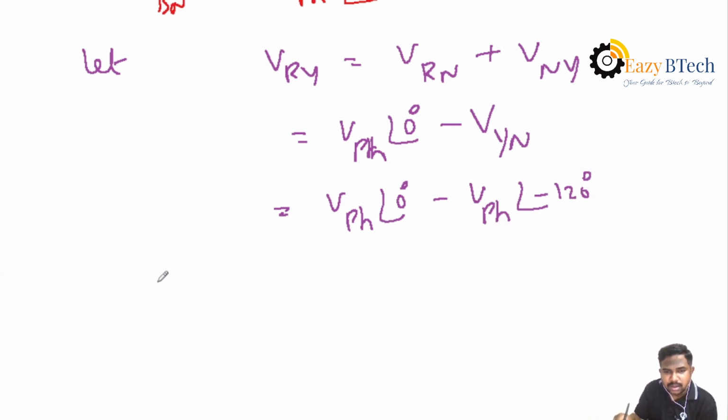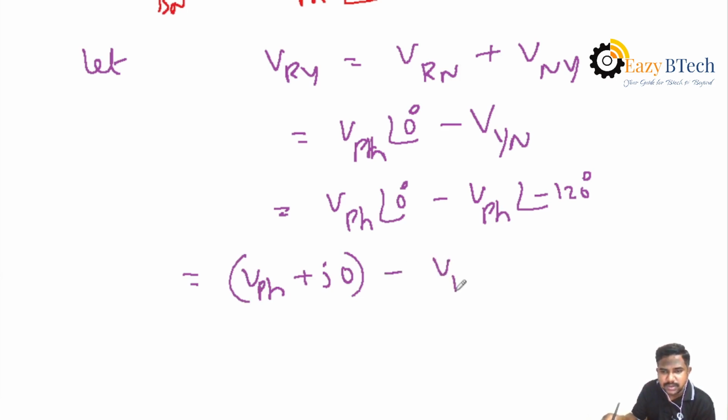Okay. Then all these values are converted into the equivalent rectangular form. Vph at an angle 0 is converted into Vph plus j0.